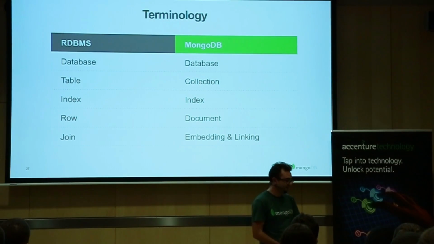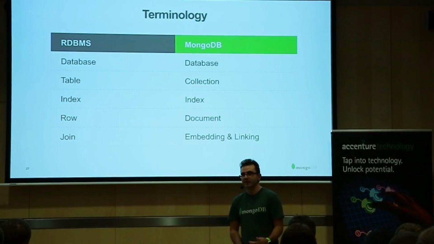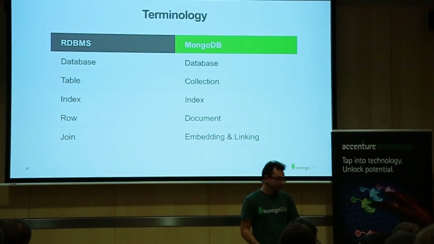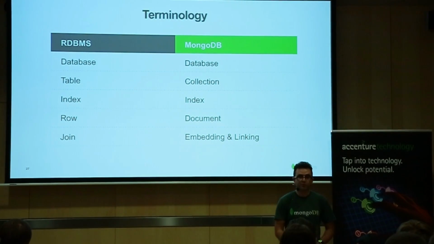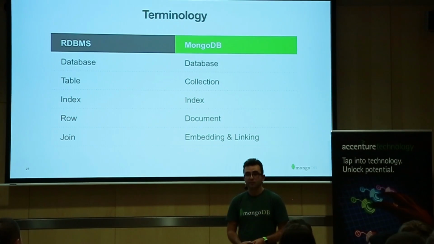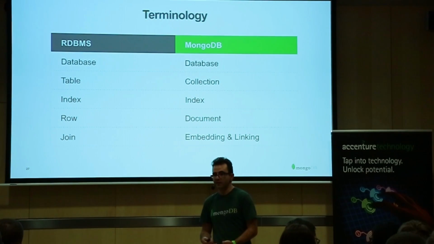We have something very similar to that, but you can always get that with embedding and linking documents between collections. And obviously, indexes are always going to be indexes, and the rows will be called documents. Multi-level, multi-dimensional data structures that represent the data that you are maneuvering.